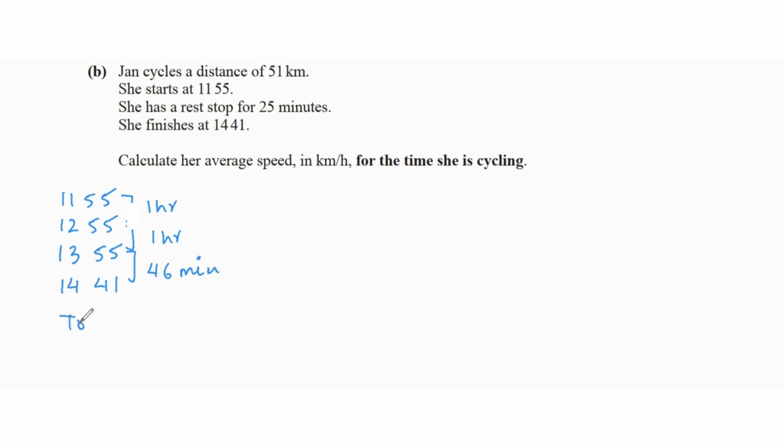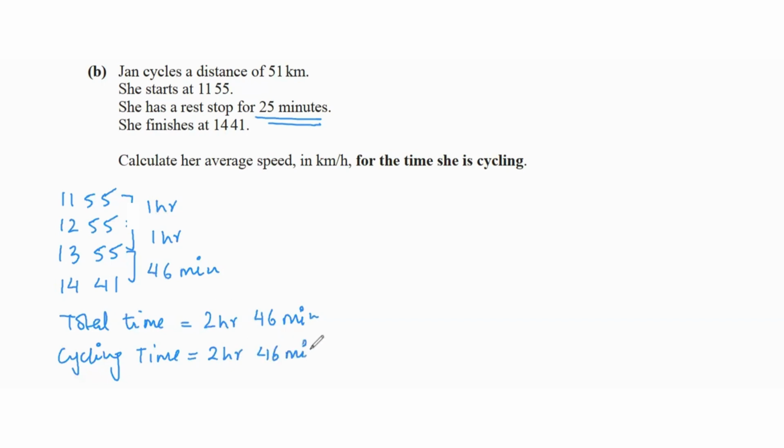So total time is 2 hours and 46 minutes. Now there's a rest time for 25 minutes. So cycling time is going to be 2 hours, 46 minutes minus 25 minutes. So that's 2 hours and 21 minutes.